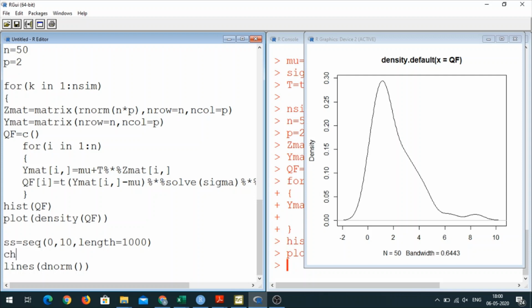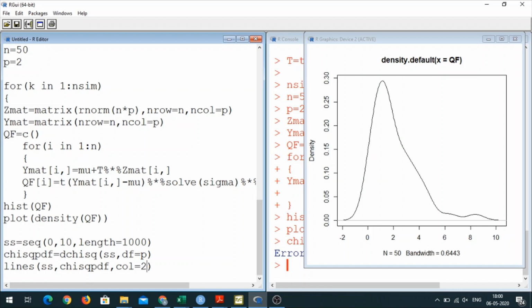So the chi-square PDF will be dchisq at SS with degrees of freedom equal to p. We will plot this, SS along with its PDF. Let me plot it in a different color. Okay, I have some error.